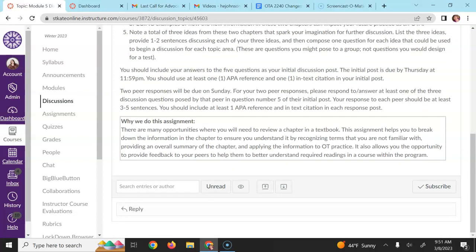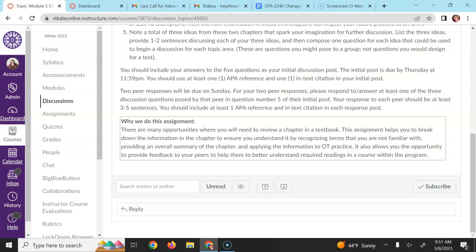Now, why we do this assignment. In this program, you're going to find there are many opportunities for you to review a chapter in a textbook. This assignment helps you break down the information in the chapter to ensure you understand it by recognizing unfamiliar terms, by providing an overall summary of the chapter, and by applying that information to your future OT practice.